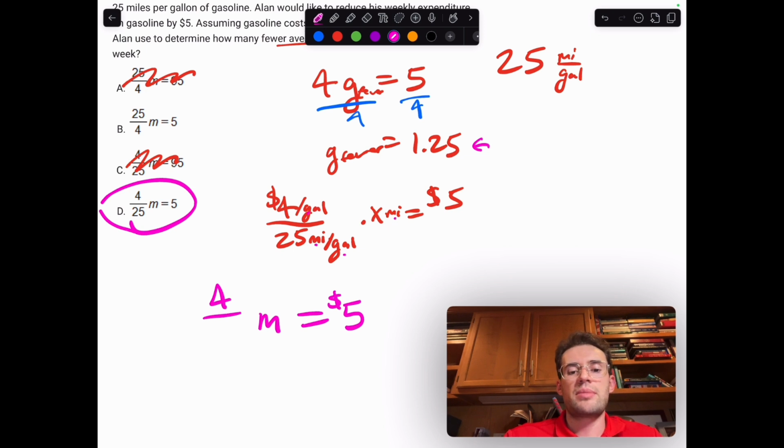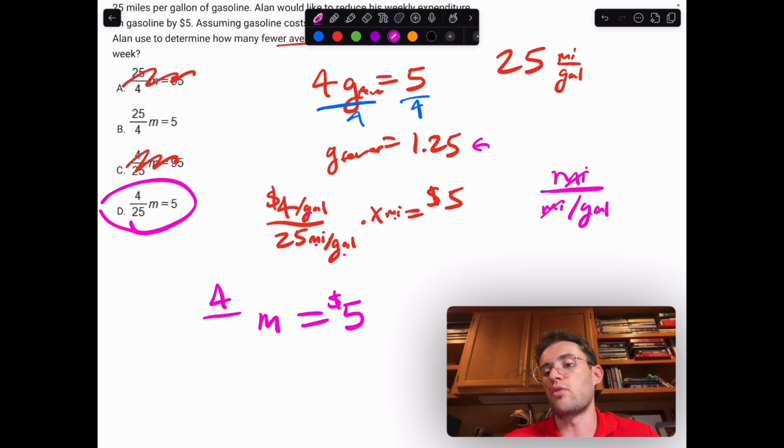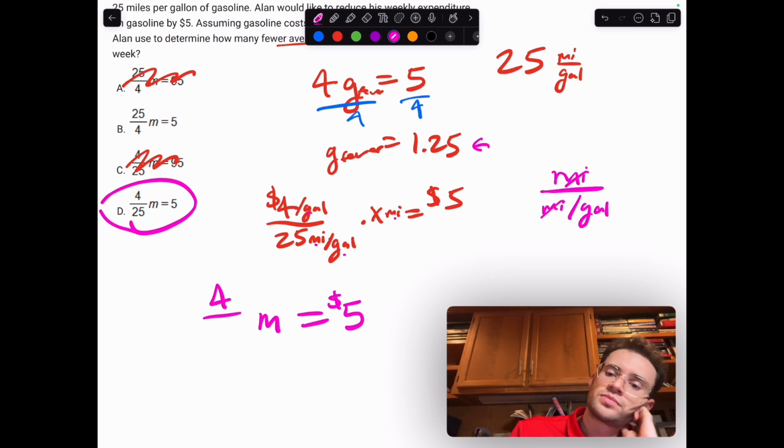But to figure out how many gallons you need, you do the number of miles divided by the miles per gallon, right? Because miles divided by miles per gallon, the miles would cancel, and 1 divided by 1 over gallons would give you gallons, right? So essentially, if you go 25 miles per gallon, the number of gallons is in the denominator.